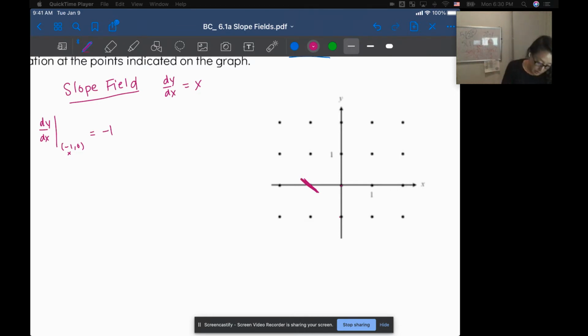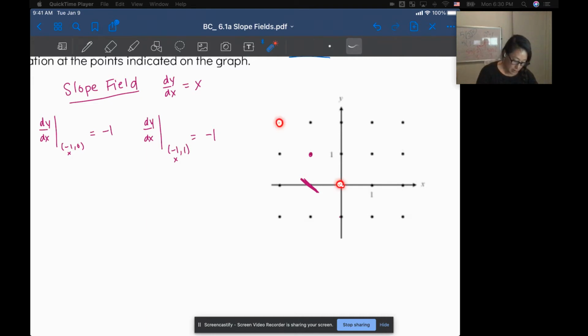If I do another slope, dy over dx evaluated at (-1, 1). Again, the x value is -1, so the slope at (-1, 1) is also -1. I'm going to be connecting to make a slope of -1, so something like this, okay?